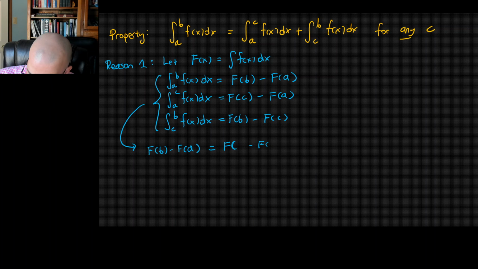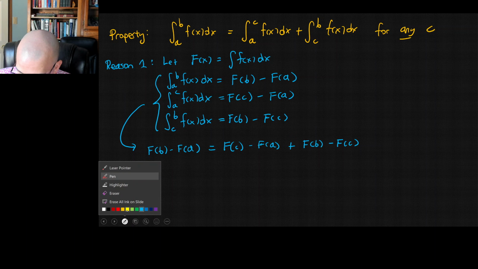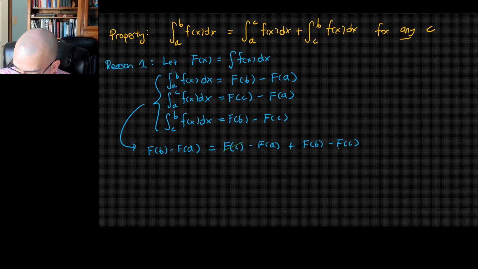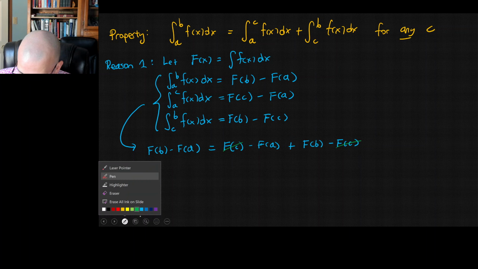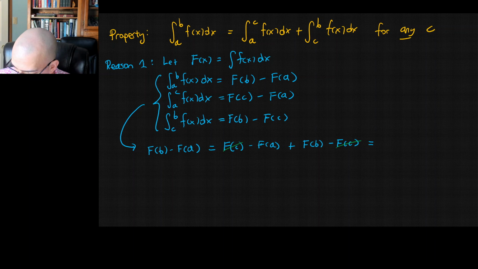Then plus the integral from c to b, so capital F of b minus capital F of c. And look what happens: we have a capital F of c subtracted and added, so they destroy each other. So that's the proof. I can just change the order of summation, F of b minus F of a. So on the left-hand side, I have the same thing as on the right-hand side.